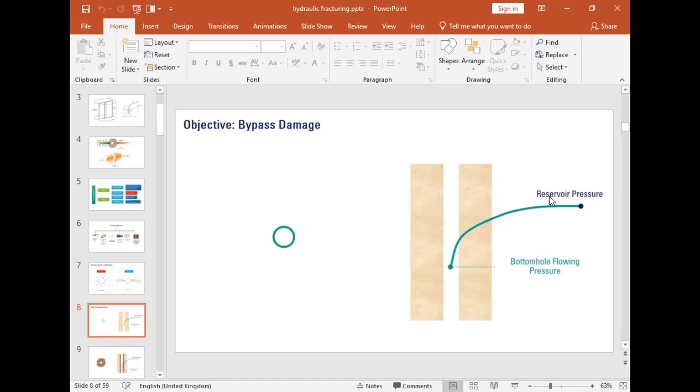Okay, so generally, if I have a reservoir that does not have a particular damage around that zone, this is generally our pressure profile from the reservoir pressure to our bottom hole flowing pressure.